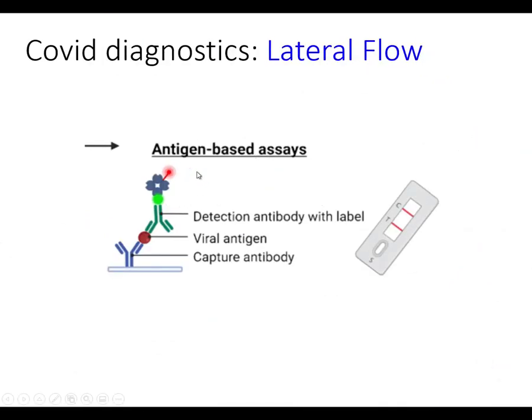These things are based upon antigen-based assays. So what you're looking for is a viral antigen. This is normally one of the proteins in the viral capsid, which encases the virus when it is in its live, in quotes, infective state. The lysis buffer that you use will normally have a little bit of detergent in it to break up the virus and release the antigens from the surface, but this is not necessarily true in all cases.